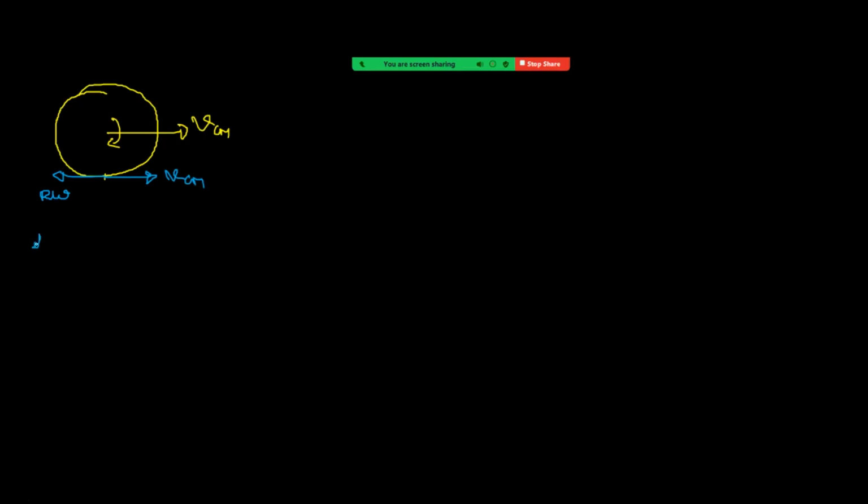If r omega is less than VCM, it means for the contact point, velocity is now right side.